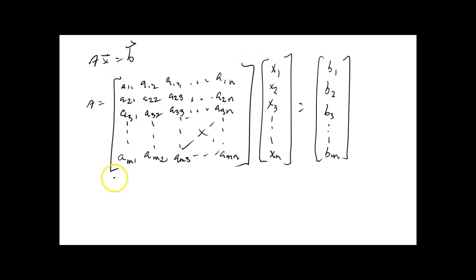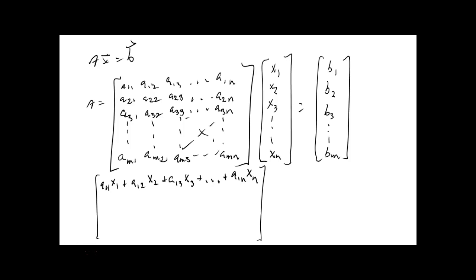The matrix multiplication would have been A11 X sub 1 plus A12 X sub 2 plus A13 X sub 3 plus dot, dot, dot plus A1N X sub N. And that's the first row, and this is equal to B1, by the way.